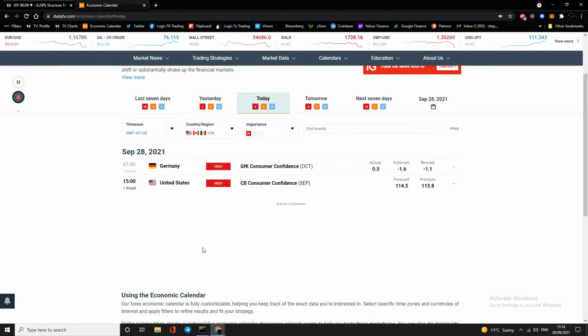On the longer term. Today we've got consumer confidence in Germany, consumer confidence in the US. We'll see how they come in. In Germany at 0.3, forecast minus 1.6 and revised minus 1.1.